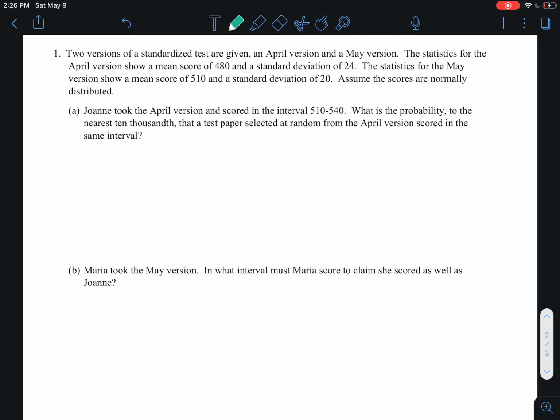So we need to know, okay, well, what's the area under the curve between her possible score range? So let's just get ourselves a visual again. So it's all normally distributed data since this is from a standardized test. And she took the April version. So let's just go back and look at everything from the April version. Had the mean of 480 and the standard deviation of 24.